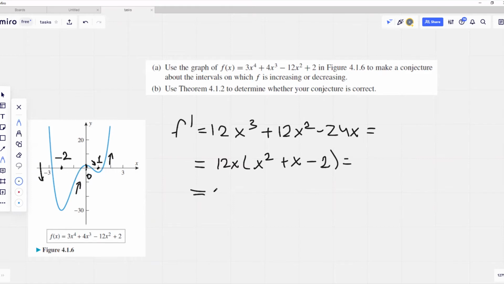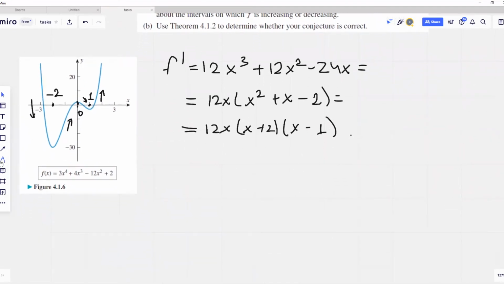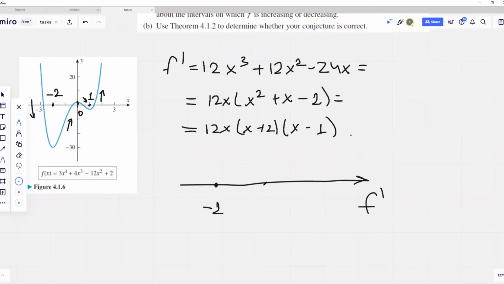Further factoring, the roots of that equation are x is equal to minus 2, so x plus 2, and x is equal to 1, so x minus 1. Okay, now let's find intervals where the sign of f prime is positive or negative. So we have three roots: x is equal to minus 2, x is equal to 0, and x is equal to 1.